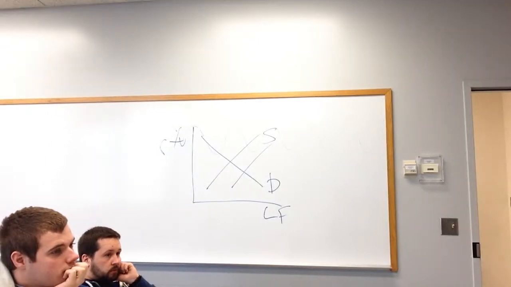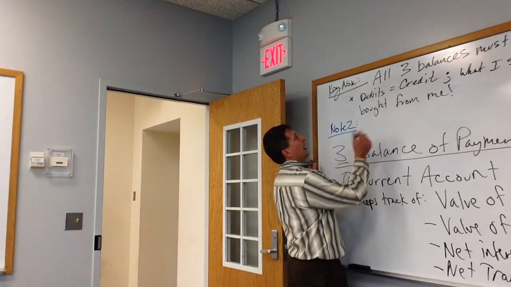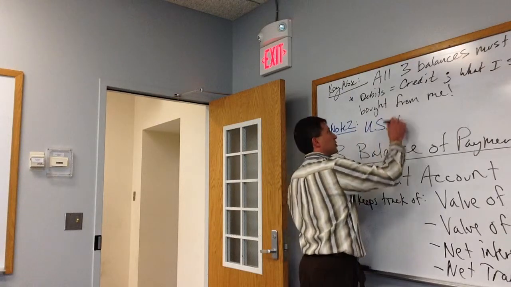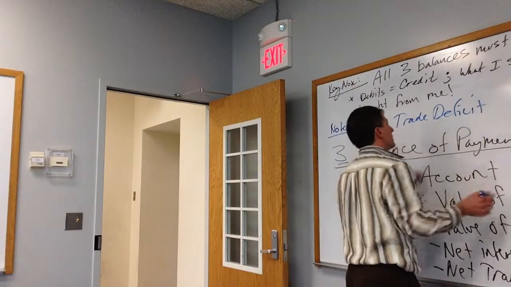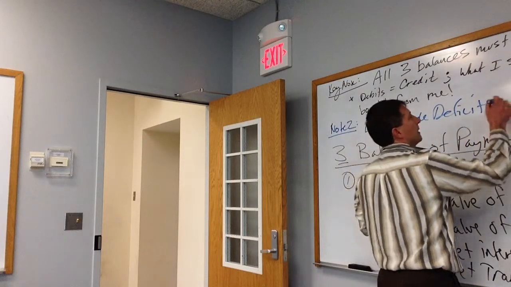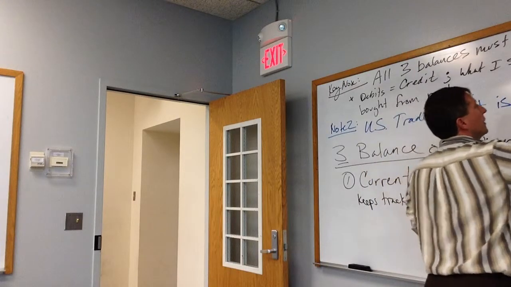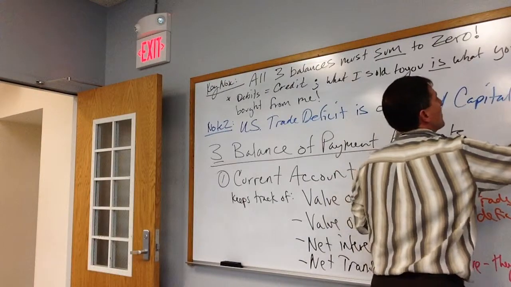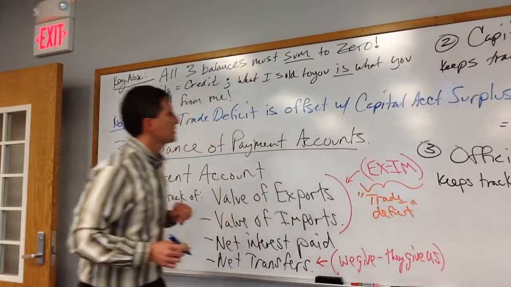You gonna write out from that too? Oh yeah, note number 2. All three balances must sum to 0. So the U.S. trade deficit, which is what we've done for the last 30 years, is offset with a capital account surplus.